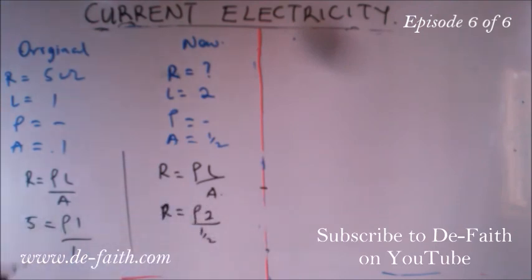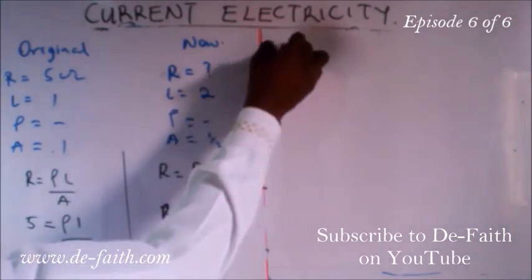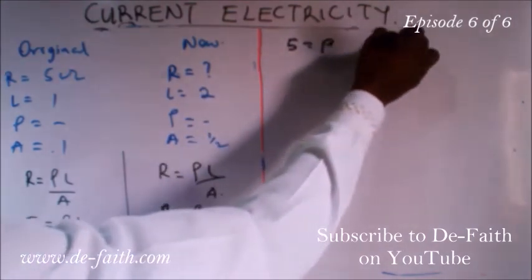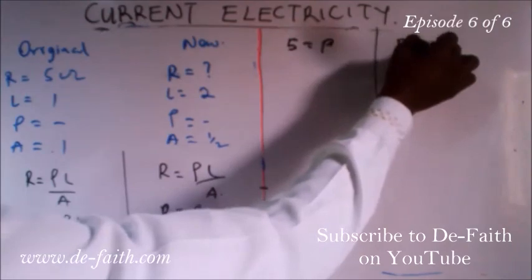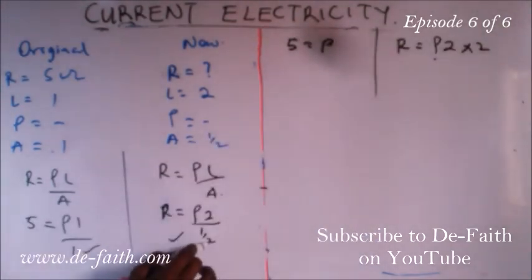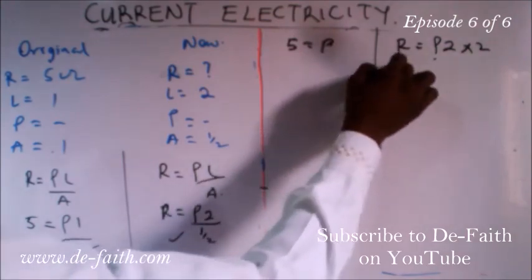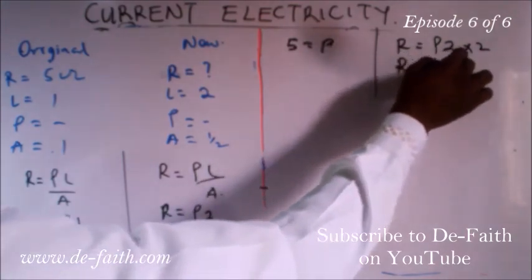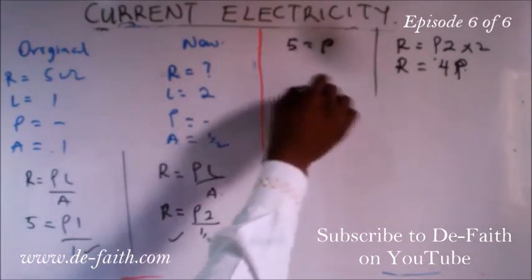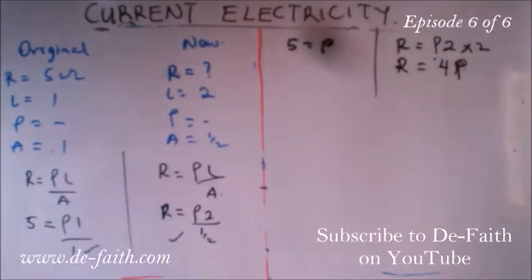So what we'll do here is we want rho to be the subject of the formula here and over here, and then we'll equate them. So we have 5 equal to rho in the first instance, and in the second instance we have R equal to resistivity times 2 over 1 over 2. Now this 2 comes up, so we have resistance equal to 4 rho. So we make rho the subject of formula here.